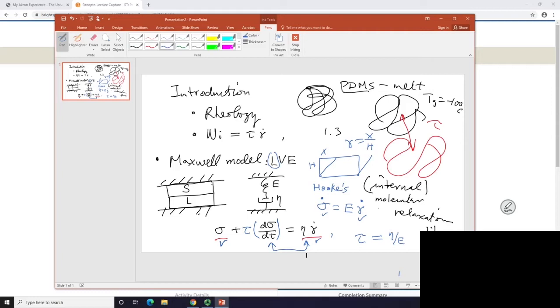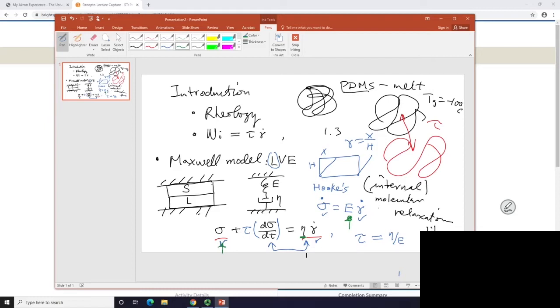And it's the ratio of the two. Okay? Of course, you cannot escape from it because you know from here that the modulus has the dimension of stress, and viscosity has the dimension of stress times time. So that ratio, of course, will give you a time.